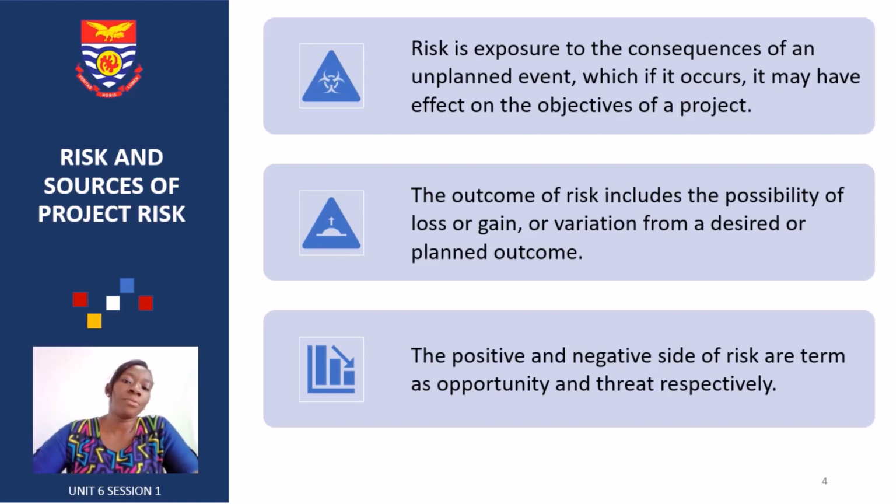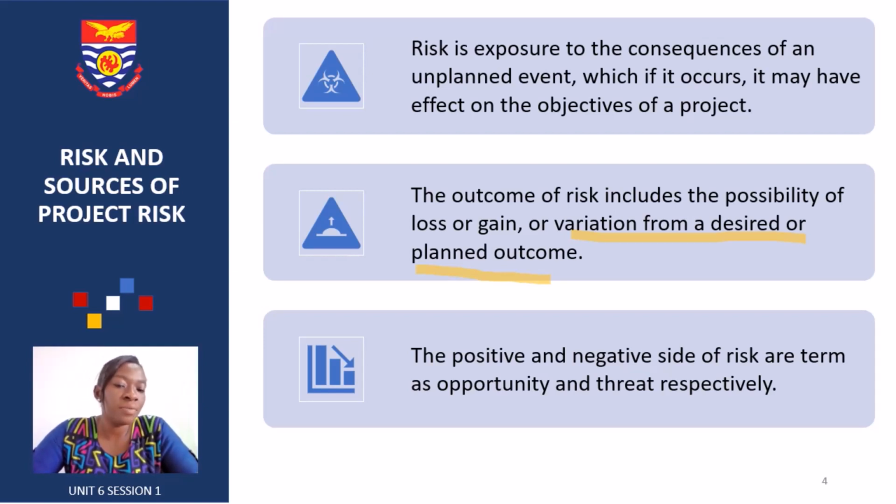So the outcome of risk is the probability of a loss or a gain. Some risks come and bring good gains, but usually risk can give us losses as well. So it could be either good or bad. The most important thing about risk is that it's always a variation from the desired planned outcome. You're expecting to get an A, and something happens, and before you realize it, you're getting a B. Or something happens and you're getting an A plus.